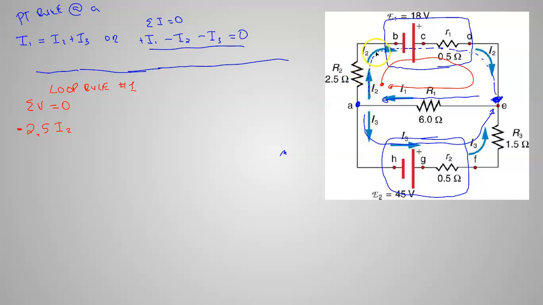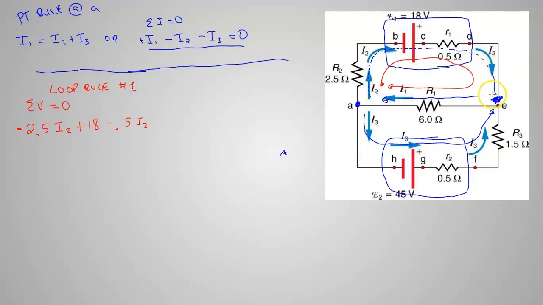All right, that gets me up here. Here's a battery. All right, so I'm going to add 18 volts. Batteries put electricity in. So there's plus 18. I go a little bit farther. Here's another resistor. That's going to cause a drop as I go with the current, in the direction of the current. And the current times the resistance. I'm still on I2, 0.5. So I need to go minus 0.5 I2. That gets me around to here.